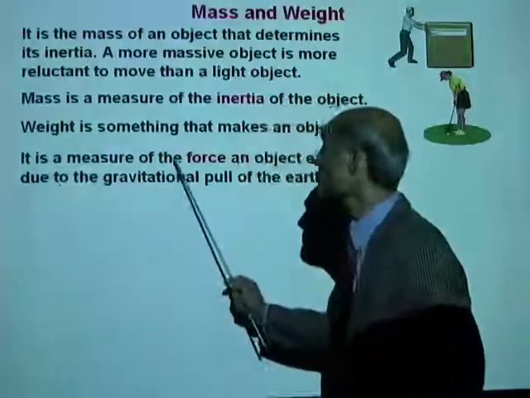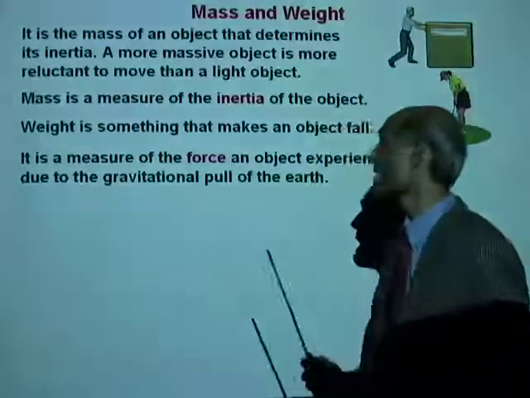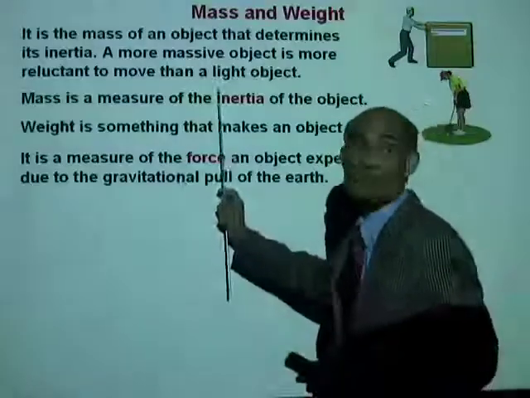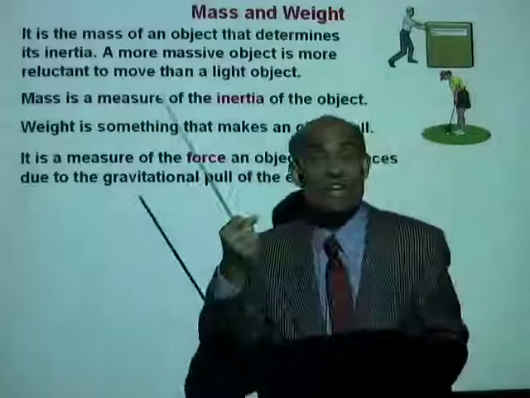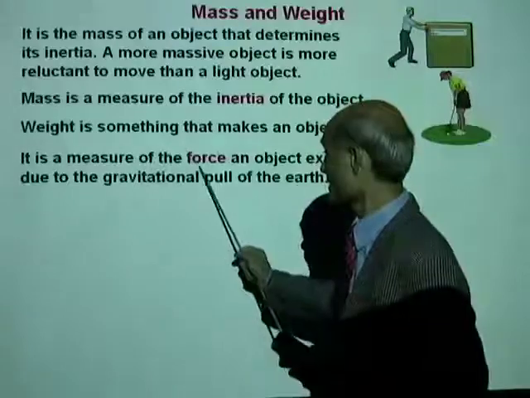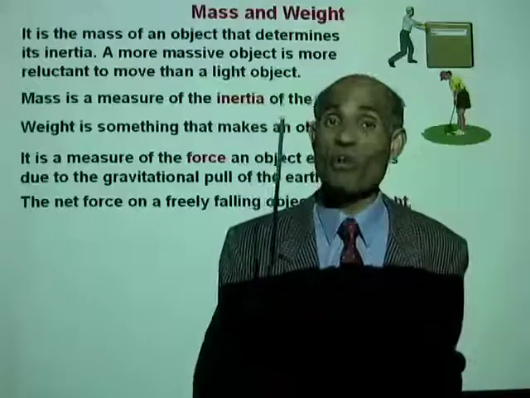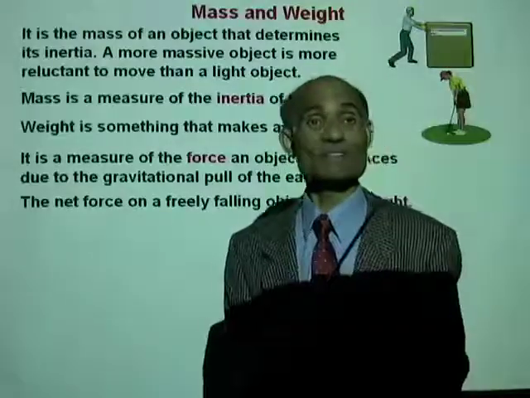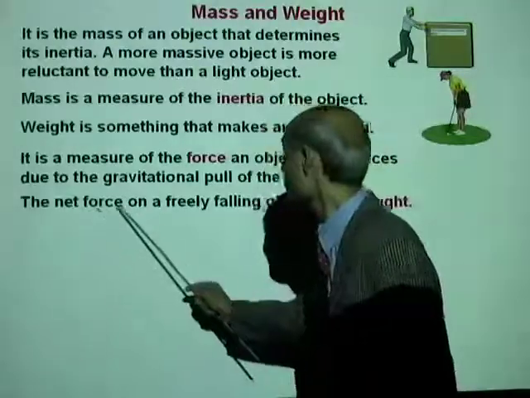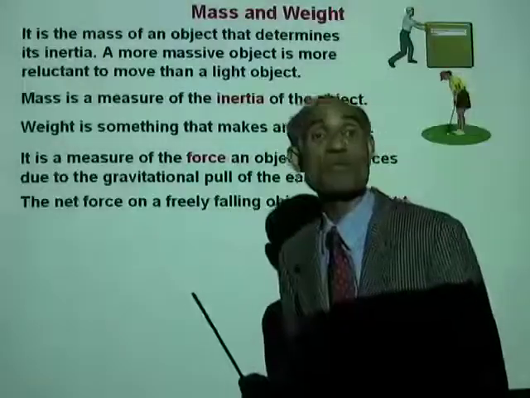Now, weight is a measure of the force an object experiences due to the gravitational pull of the earth on it. So, whereas mass is a measure of inertia of an object, weight is a force. You see, very different things. That means if a force is acting on an object, that force must produce an acceleration. The net force on a freely falling object is called its weight.